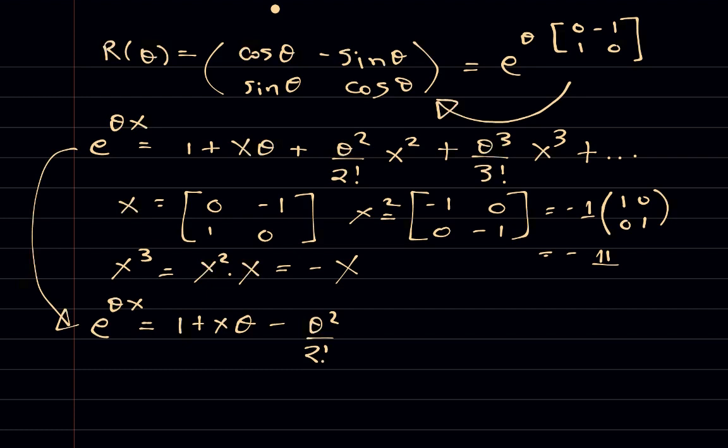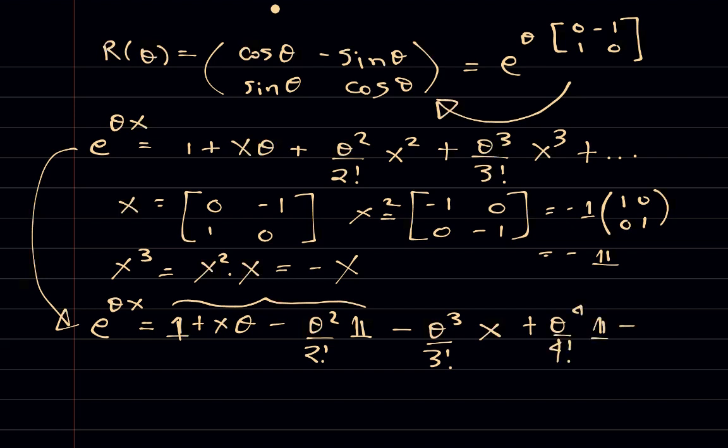You should remember that this is identity, and if there is nothing, then there is identity, so each element is a 2 cross 2 matrix. So minus theta cube by 3 factorial X plus theta 4 by 4 factorial. There is nothing, so I think there is identity, dot dot dot.